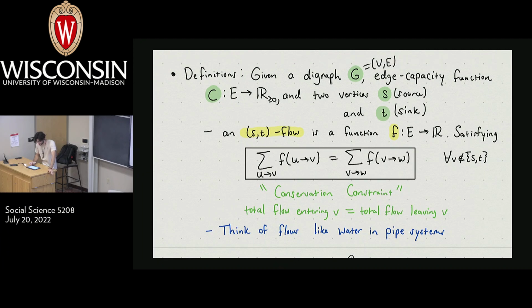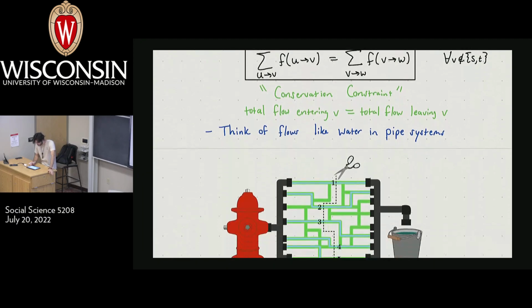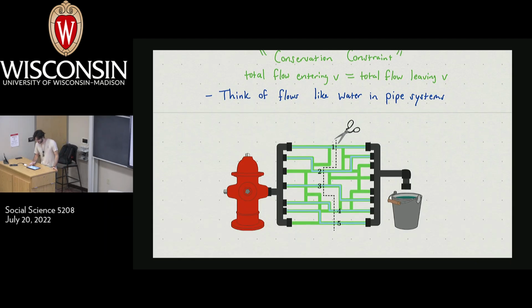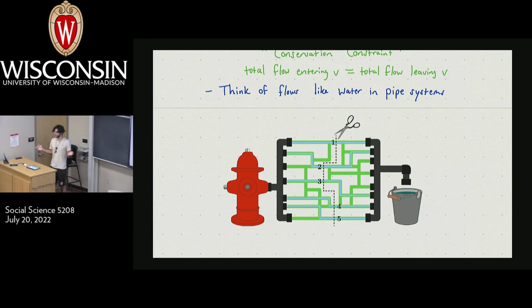And so this is basically the setup for the problem. The way I like to think about it, if you don't like railroad networks in Russia, is I just like to think of pipe systems. Here the source is anything like a faucet in your home, or it could be a fire hydrant. All the water is going to originate from this mechanism, which in this case is the fire hydrant.